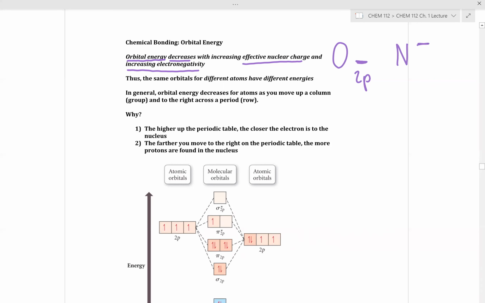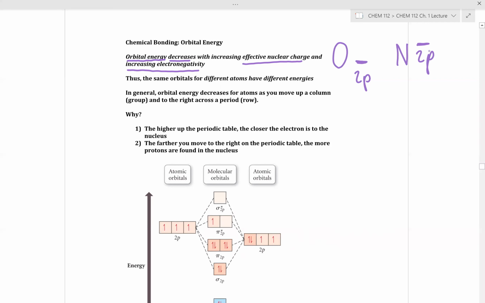Yes, you're correct. And the reason why nitrogen's 2p orbital is slightly higher in energy is because which element is less electronegative, oxygen or nitrogen? You said less. Yes, so nitrogen's less electronegative, so it's higher in energy.